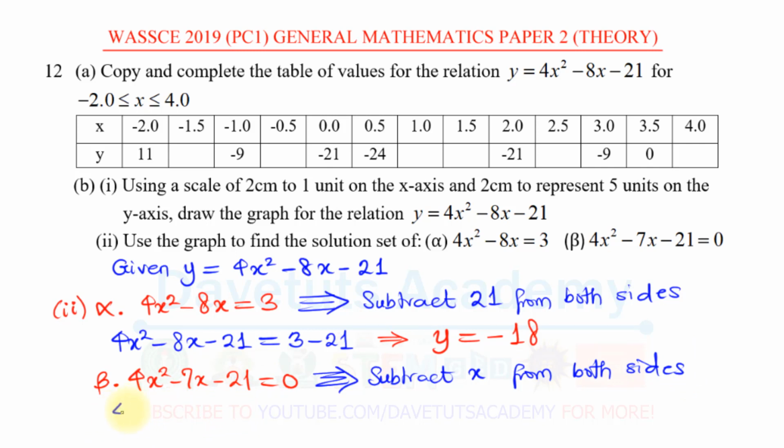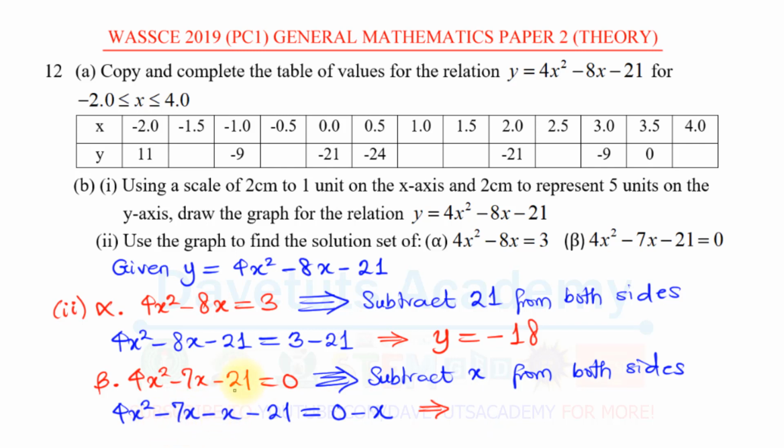So I'm going to have 4x squared minus 7x, and then the x I want to subtract, minus x, minus 21 is equal to 0 minus x. And if I'm to work on that, that means what I'm going to have is 4x squared minus 7x minus x. That is 4x squared minus 8x.